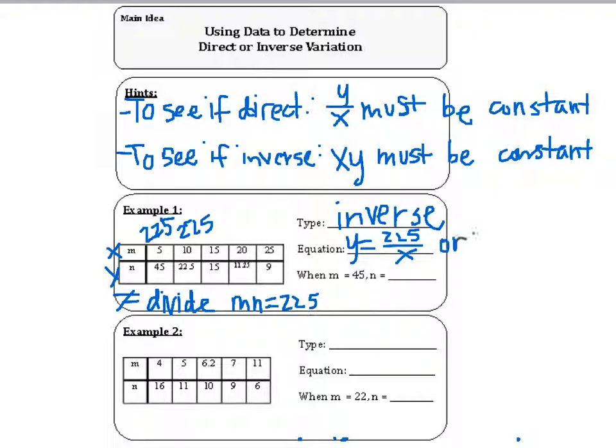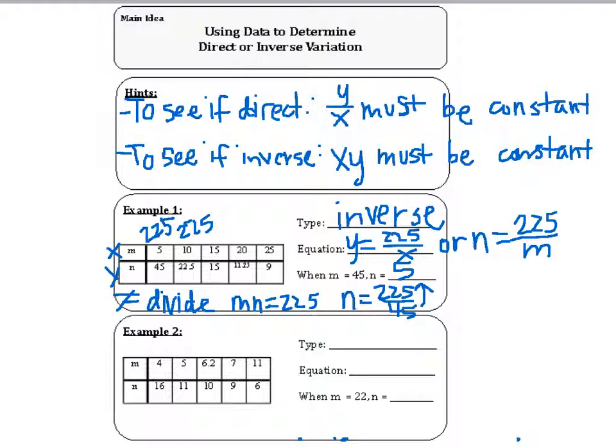So n equals 225 divided by m. So when m equals 45, what does n equal? Well, n's going to equal 225 divided by 45, which is 5.